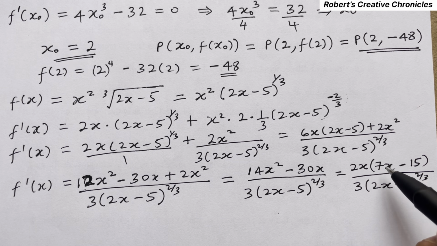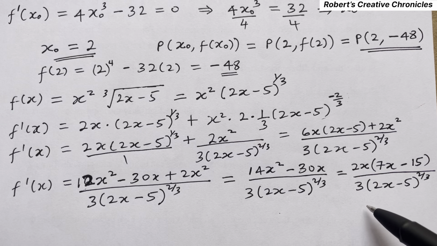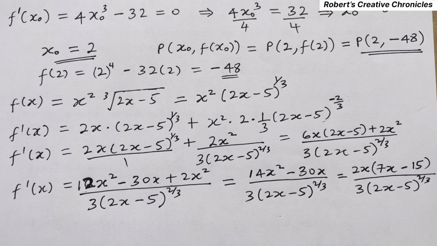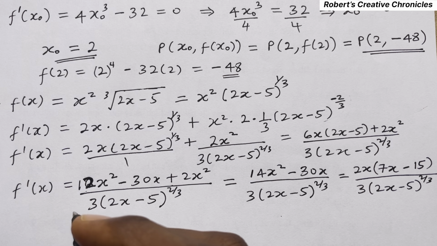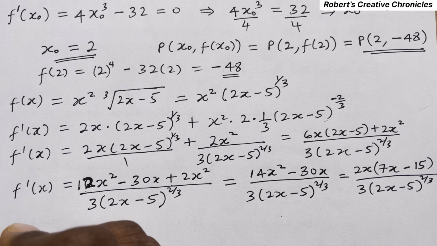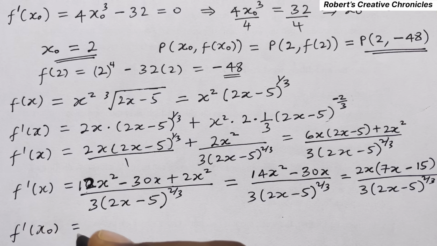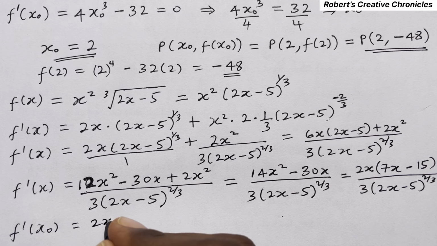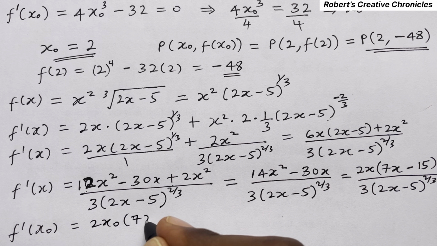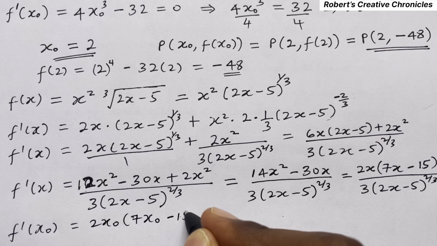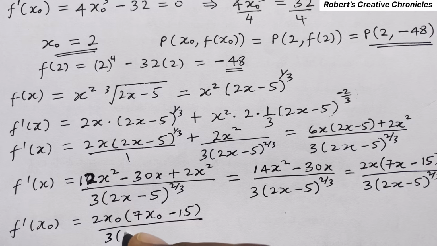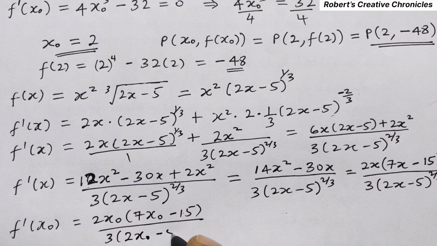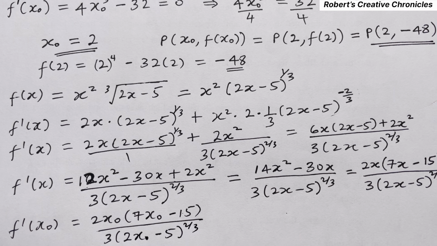But before we find the critical number, we will change x to x naught. So now we will say f prime of x naught is equal to 2x naught (7x naught minus 15) over (2x naught minus 5) to the power of 2 over 3.